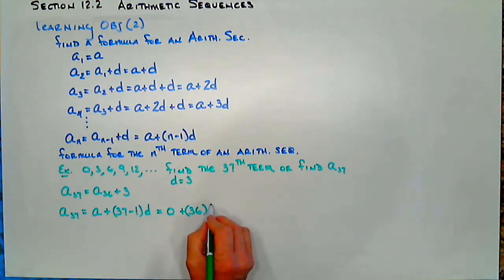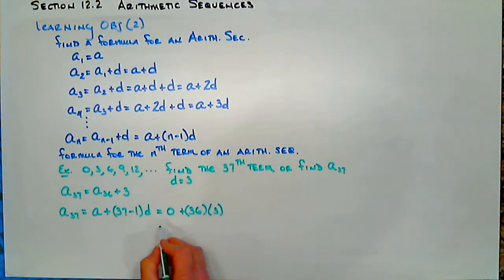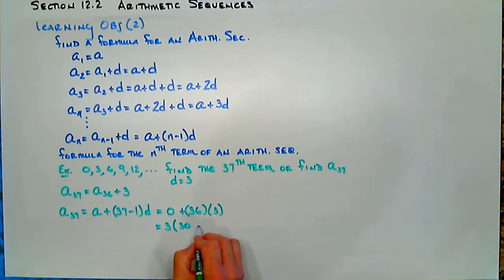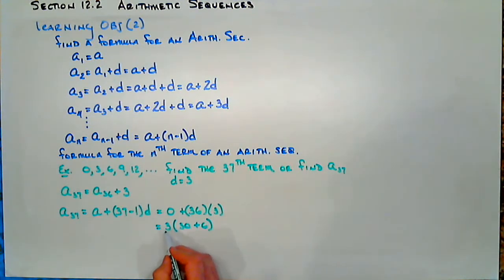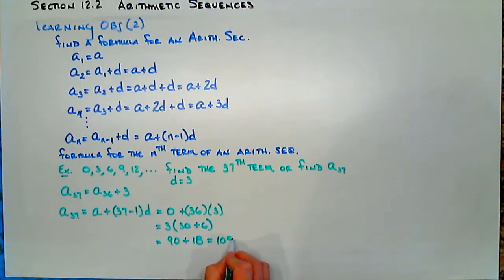And then our common difference is 3, right? So what does that work out to be? That's 3 times 30 plus 6, because 36 is 30 plus 6. 3 times 30 is 90, and 3 times 6 is 18, so we get 108. So that's our expectation. Our expectation is that we're going to use this formula to find these terms, right?